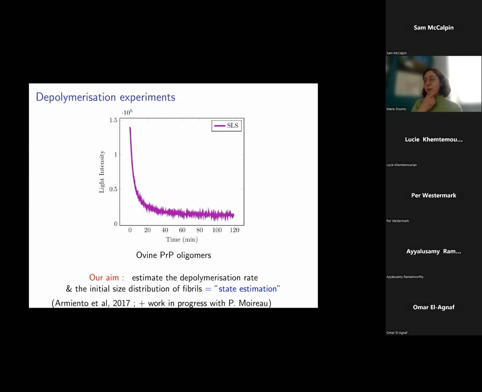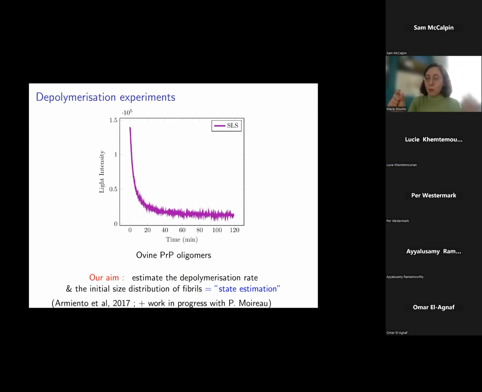The second type of experiment is more a depolymerization experiment. Here again we begin with polymers, more precisely relatively small polymers, ovine PrP oligomers. The question now is no longer fragmentation, because the fibrils do not break in the middle.